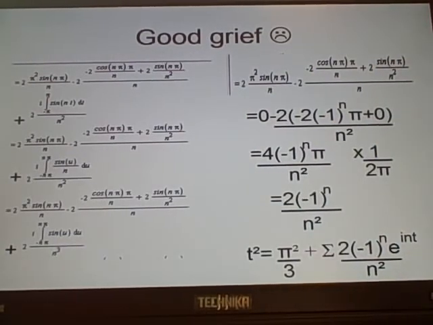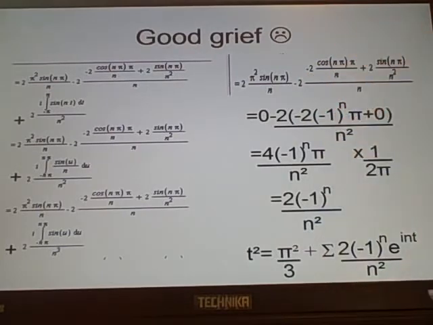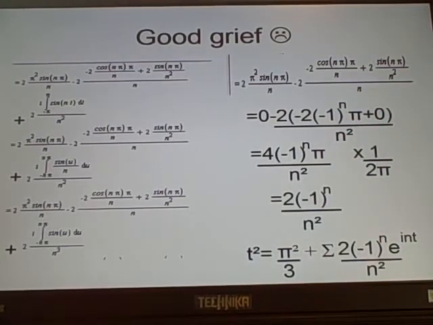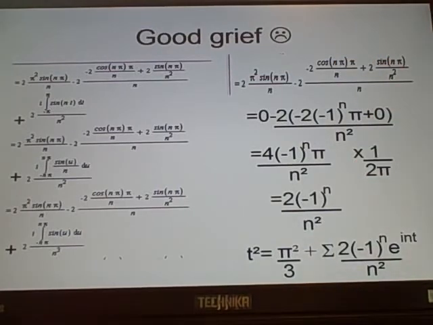So what we're left with is minus 2 times minus 2 cosine n pi over n. Now, first off, the n's will turn into n squared, which is pretty straightforward. And this cosine n pi can be simplified because what it is, if you try it on your calculator, you'll have cosine 0, which is 1, cosine pi, which is minus 1, and so on.